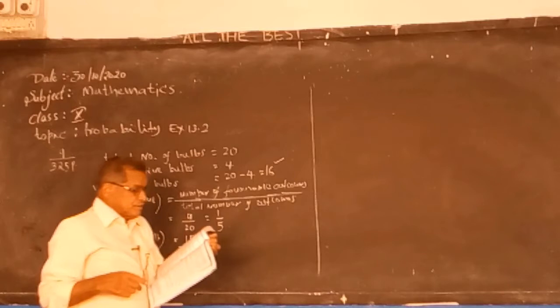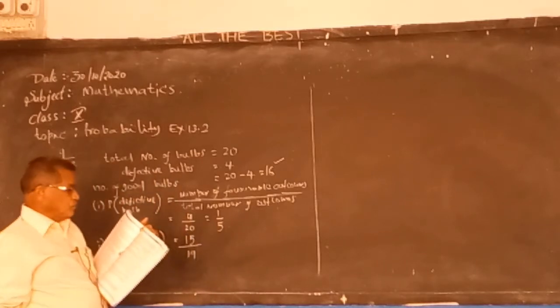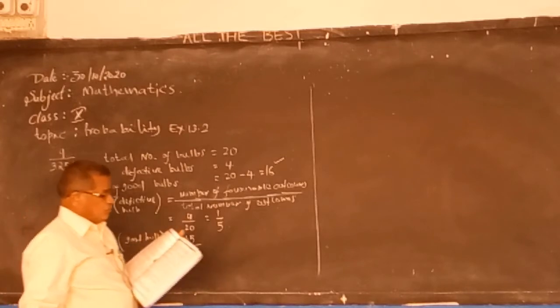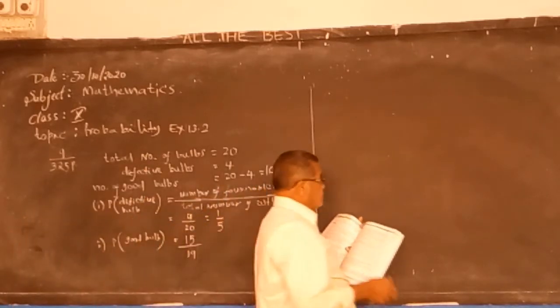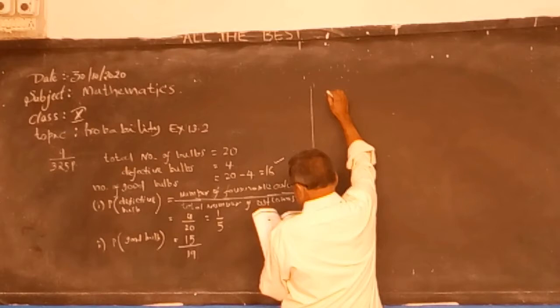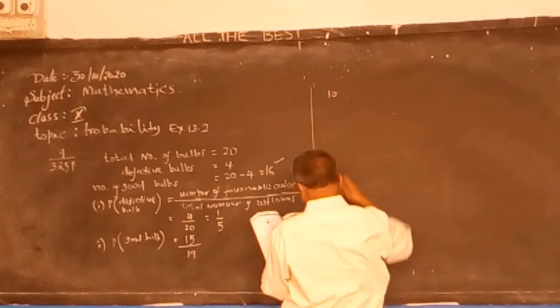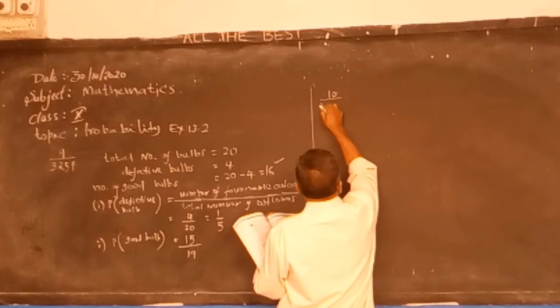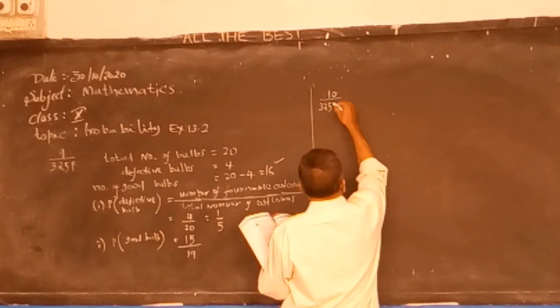I will read the 10th question. You also read. A box contains 90 discs, which are numbered from 1 to 90. This is the 10th question, page 325.